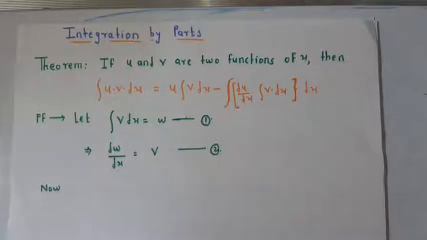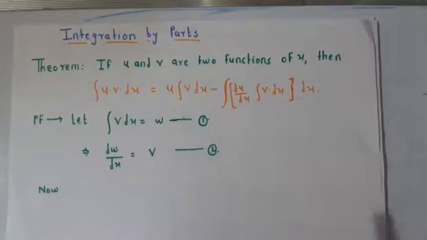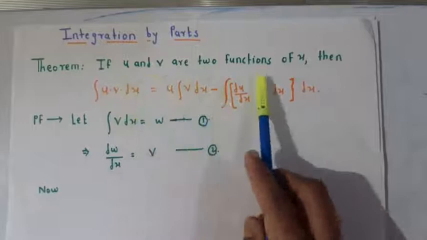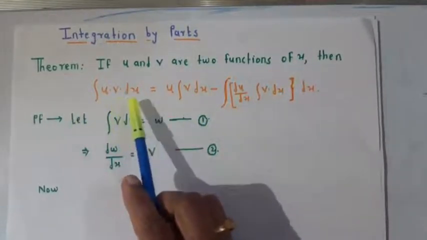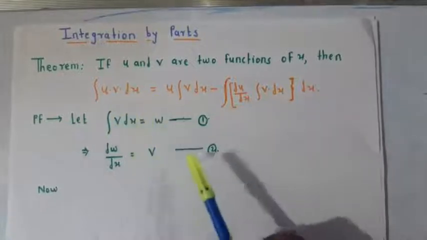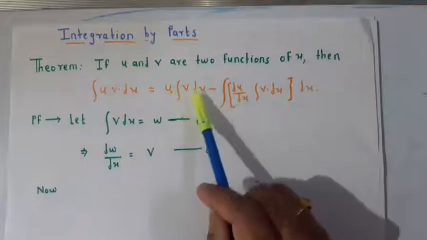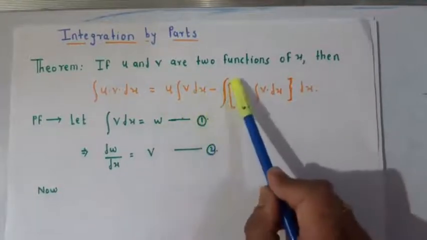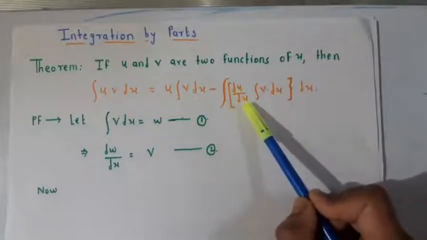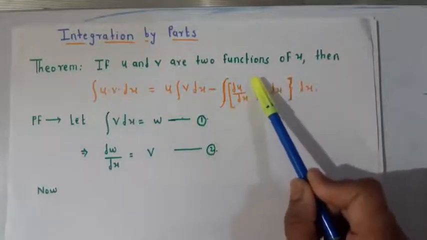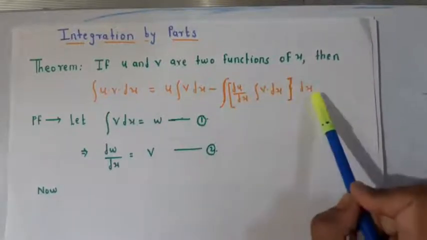Therefore, the statement of the by parts theorem is that if u and v are two functions of x, then the integration of u into v with respect to x equals u, taking u as a constant, times the integration of v with respect to x, minus the integration of the differentiation of u with respect to x into the integration of v with respect to x, and then the whole with respect to x.